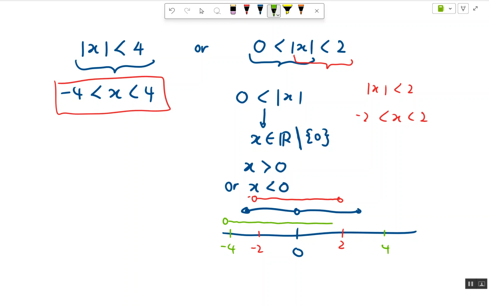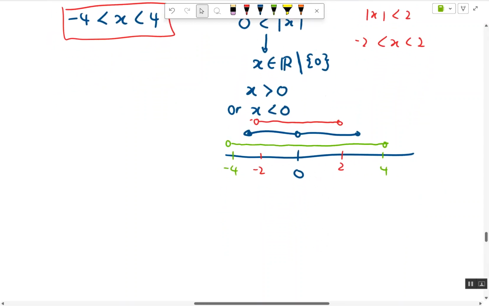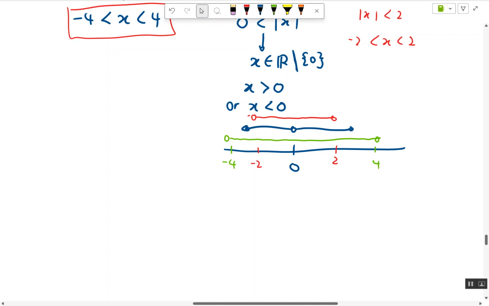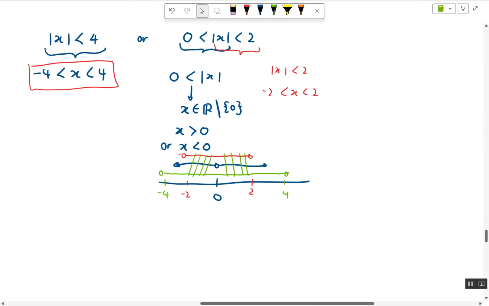I'm going to get this part, but you realize that it doesn't matter. Now, where is the part that it all overlaps? Okay, you can see that it's going to be this part here. I can include this part, it doesn't hit 0, as well as this part over here, and it doesn't hit 0 because x cannot be 0. x must be strictly greater than 0.